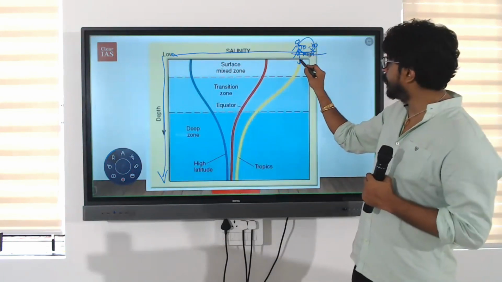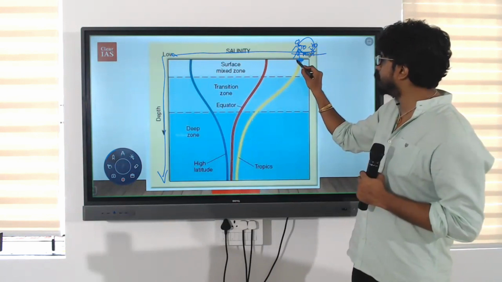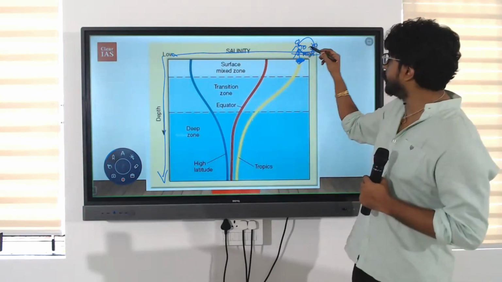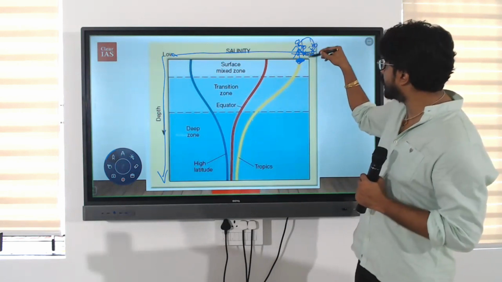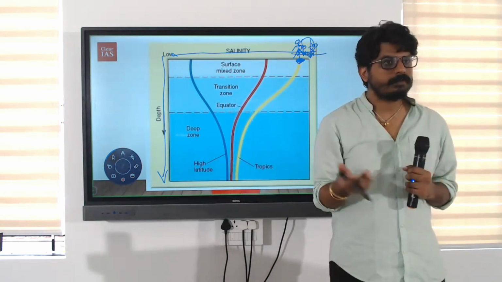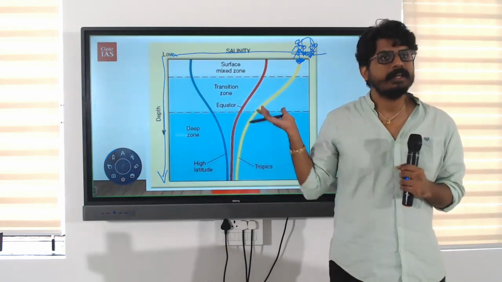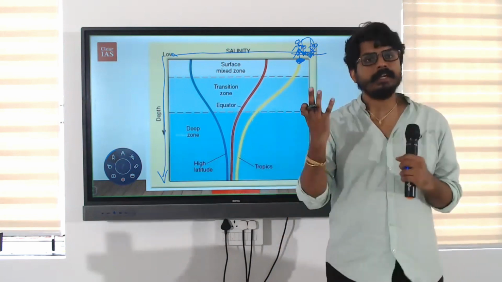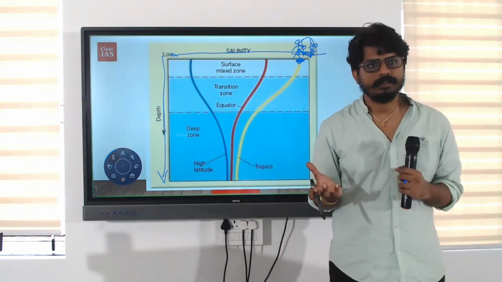At the surface, she can see that salinity is maximum. Why? Because at 20 to 30 degrees, the air is descending. There is no rainfall in this region. We have studied why we see deserts in this region. Subtropical high pressure belt. Heat is there, evaporation is there.